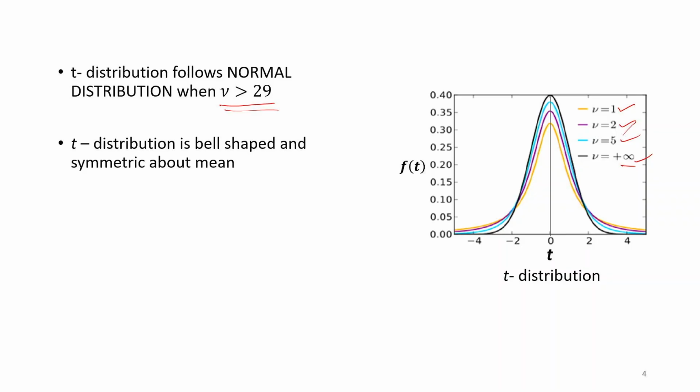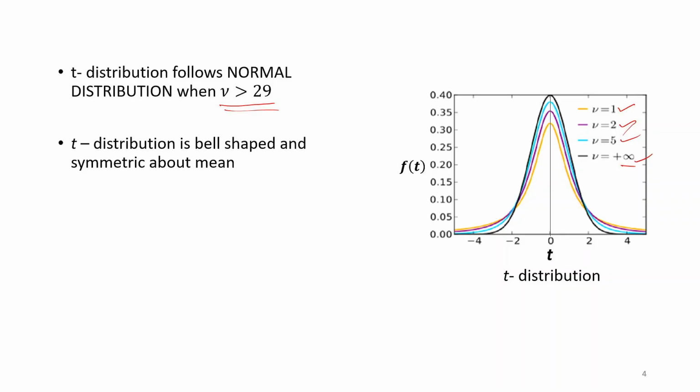If the value of ν is less than that, suppose it is 10 or 12 or 7 or 8, then the distribution is going to be a t distribution. So when the ν value is high, we may not consult the t distribution table. We can directly consult the standard normal distribution table.